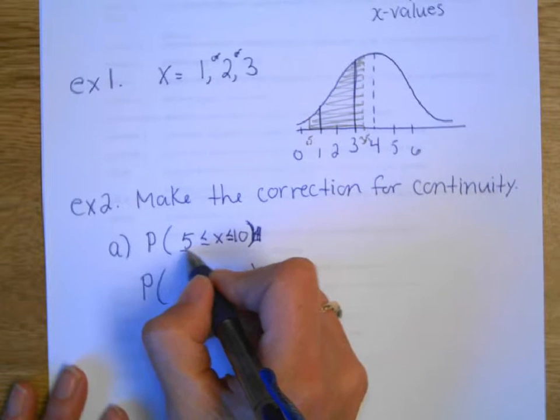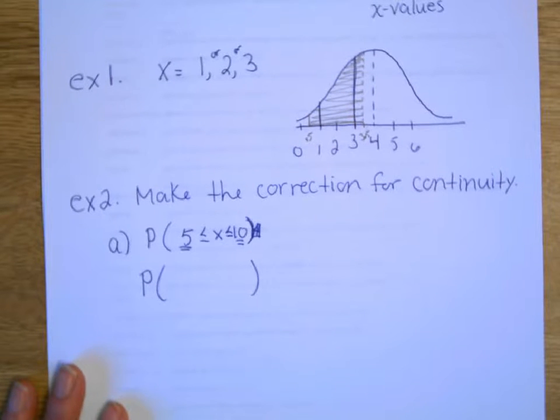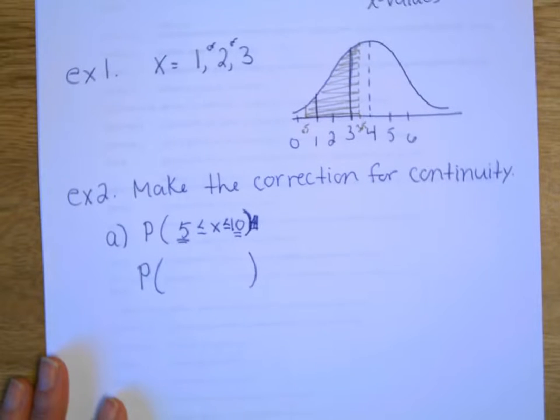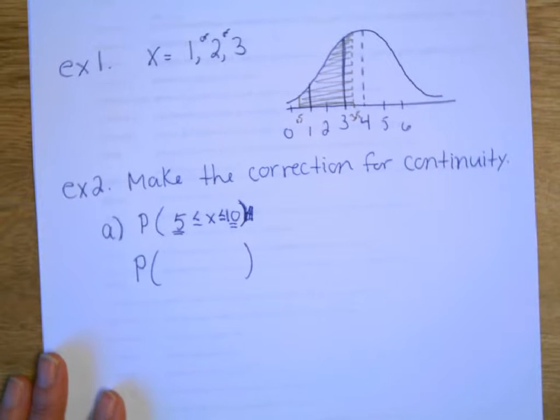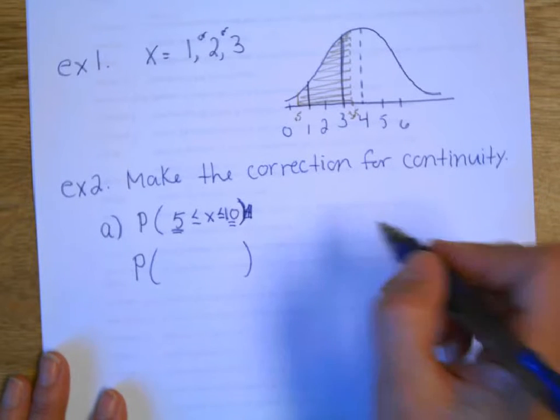We're going to change the 5, and we're going to change the 10. It will be 4.5 and 10.5, but I will make the graph for everybody else that didn't see it quite as quickly. Wait, why not 10.49?